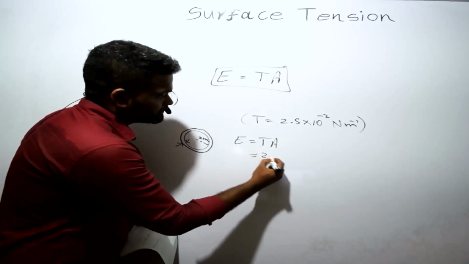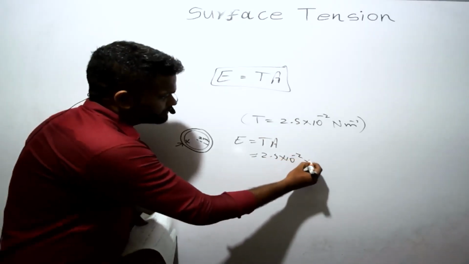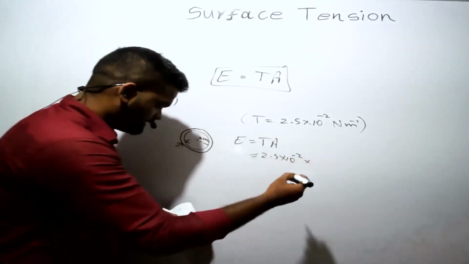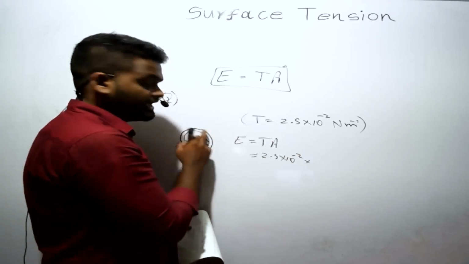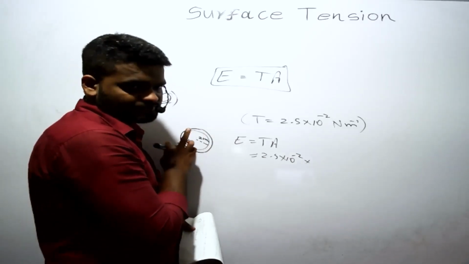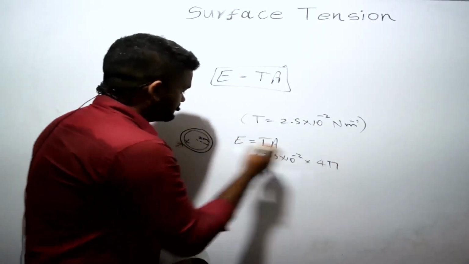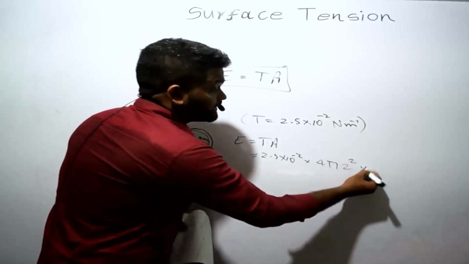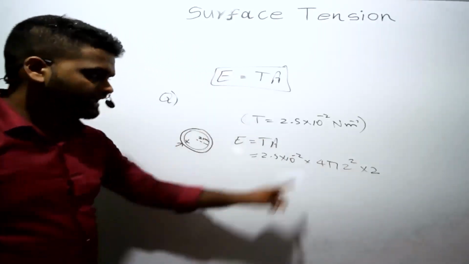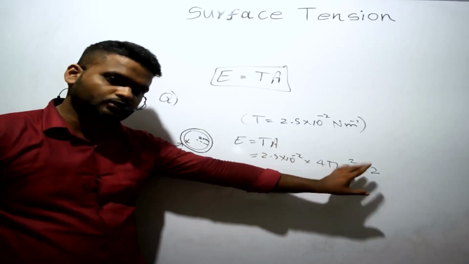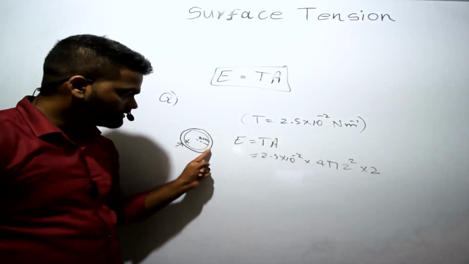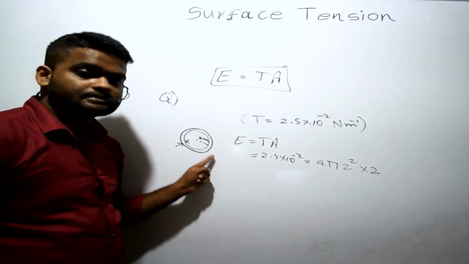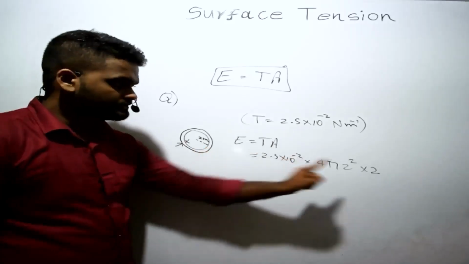Okay, T is 2.5 10 to the power minus 2. Here, area of a sphere is 4 pi r squared, times 2. Why? You need to get the total area. You need to consider both surfaces. There are two free surfaces, multiplied by 2.